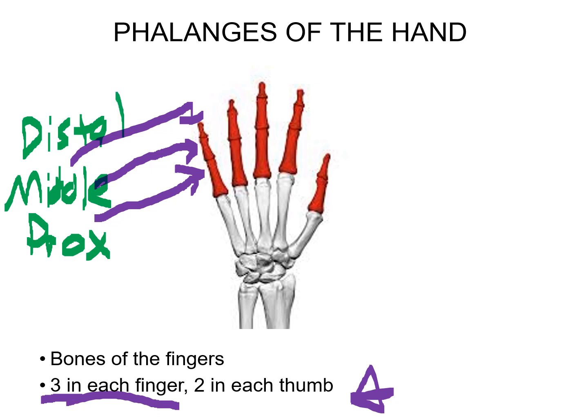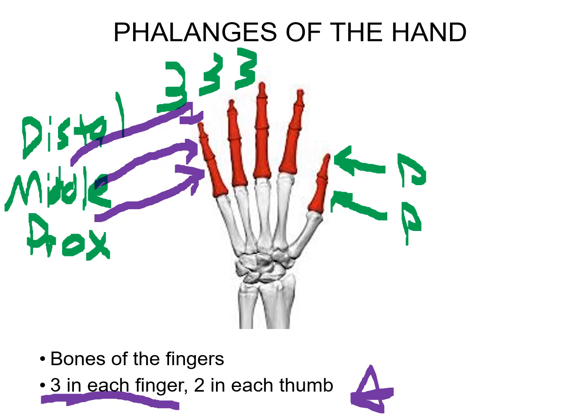Now, if you notice in the thumb, we only have 2. So all we have is a proximal and a distal. There is no middle phalange on the thumb. So total, you have 3 on each finger. So 3, 3, 3, and 3. So 4 sets of 3 would be 12.